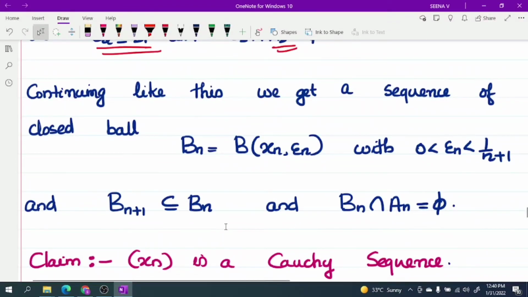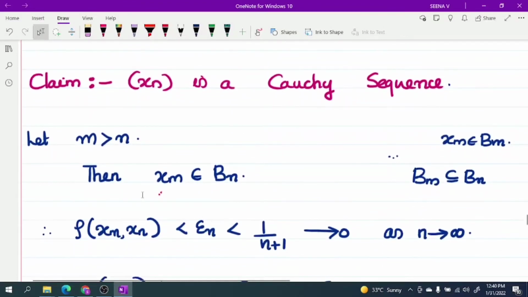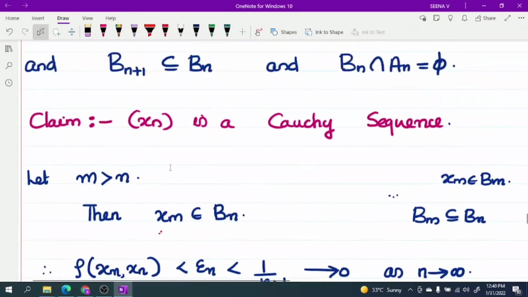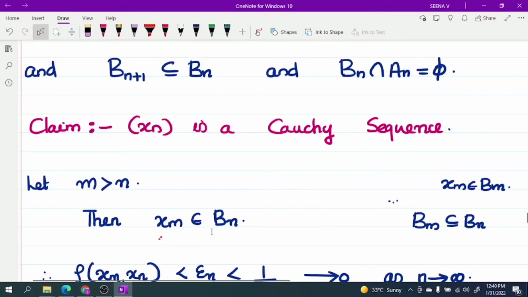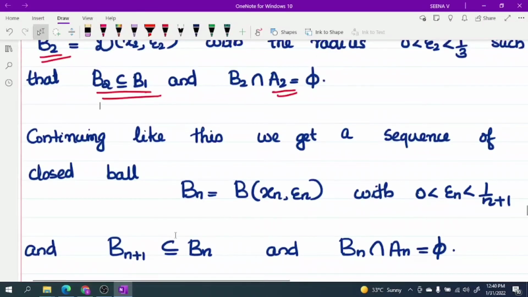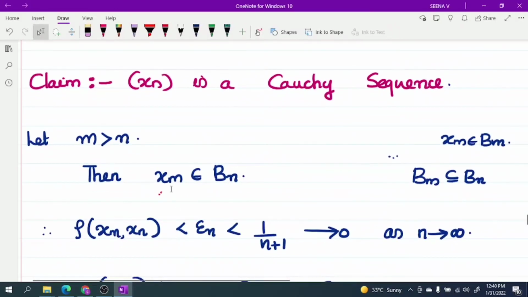Now we claim that xn is a Cauchy sequence. For m greater than n, where is xm? xm is in Bm, and for m greater than n, Bm is contained in Bn.